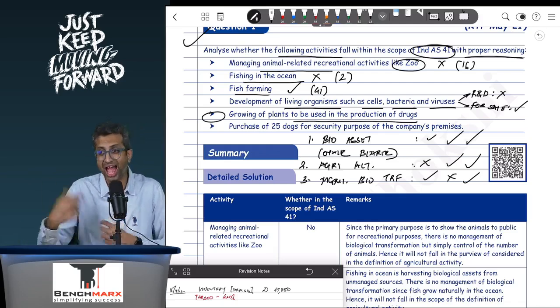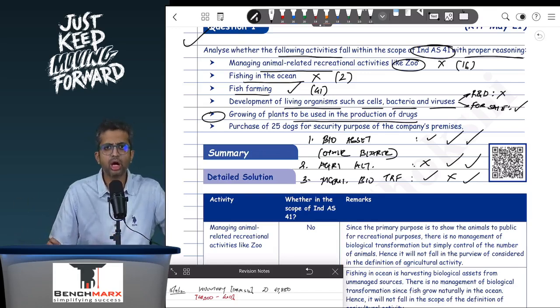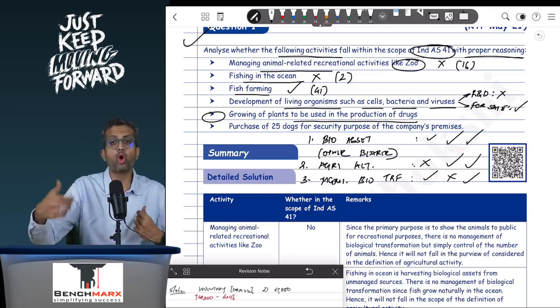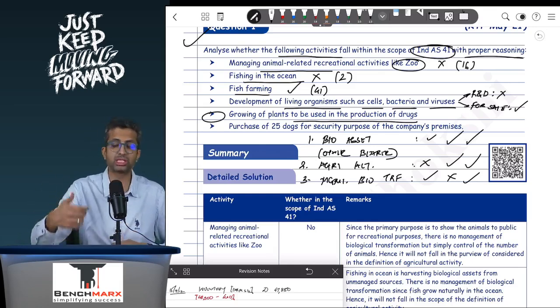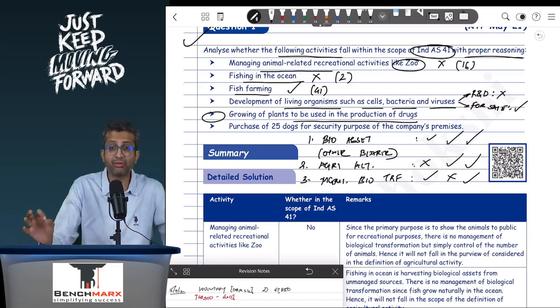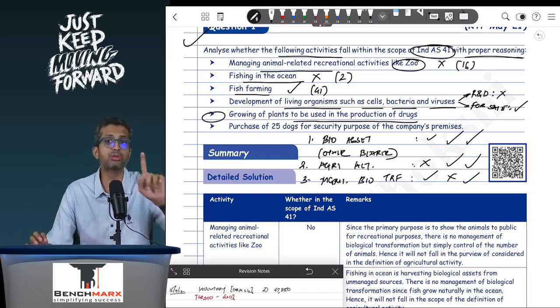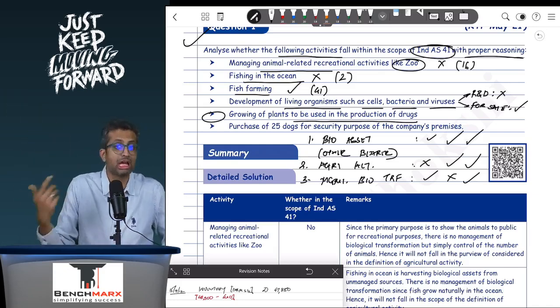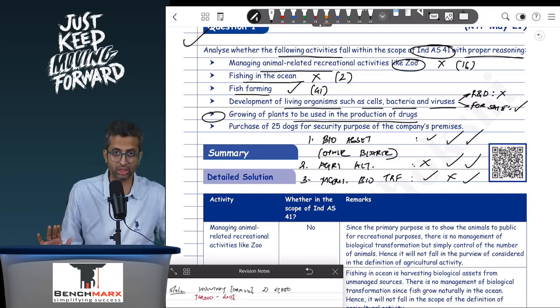You are having a living asset, that is a plant, where you are holding these plants for the agricultural produce, that is probably the leaves or the flowers, and you are managing the biological transformation. However, if the life of this plant is beyond 12 months, it becomes a bearer plant and goes under Ind AS 16. But if it is less than 12 months, then it falls under Ind AS 41.